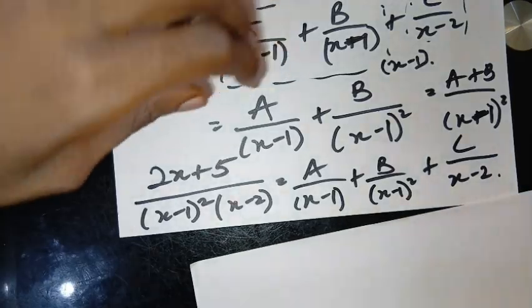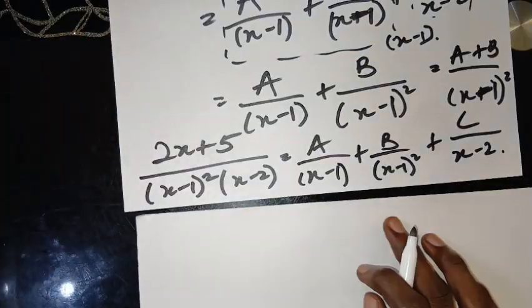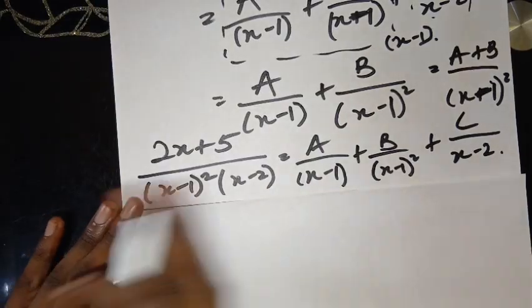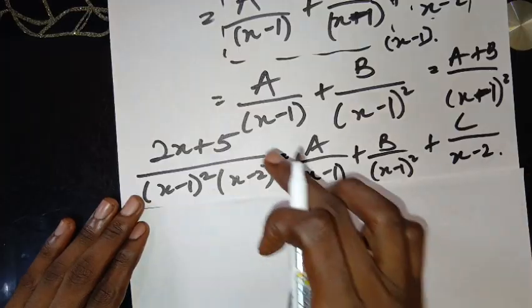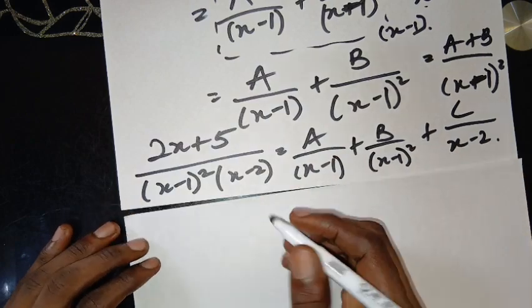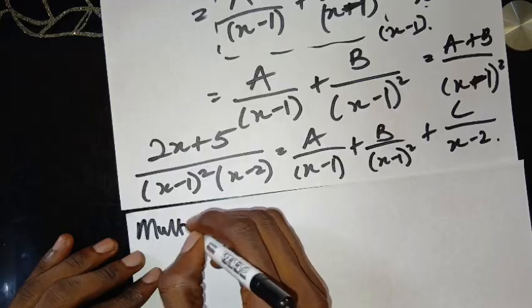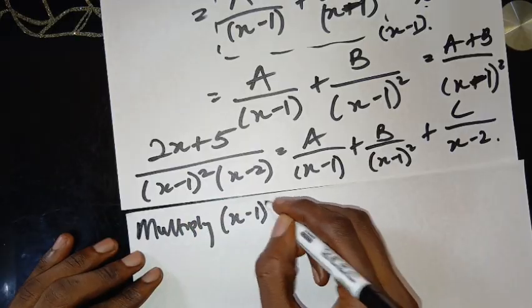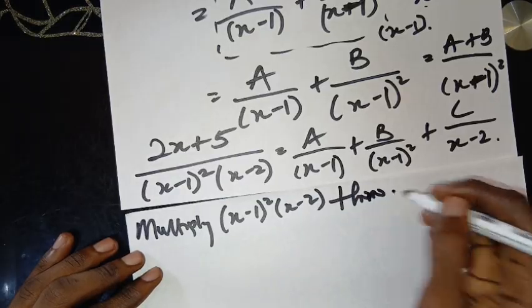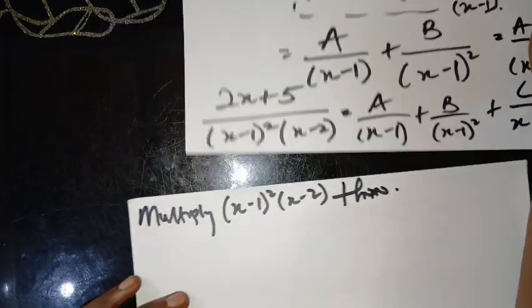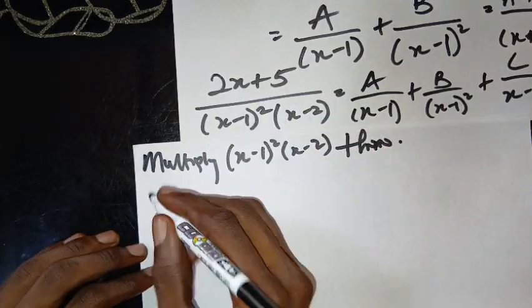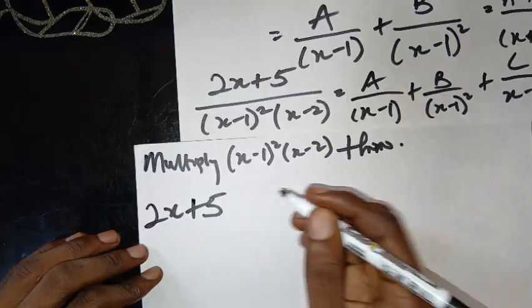So now to do this, like we did in our previous video, we multiply the whole term by the denominator. This will multiply this, this, and this. So when you multiply through, you have 2x plus 5, right?